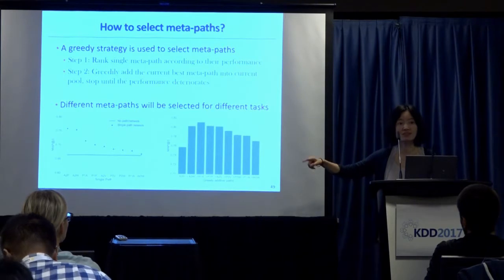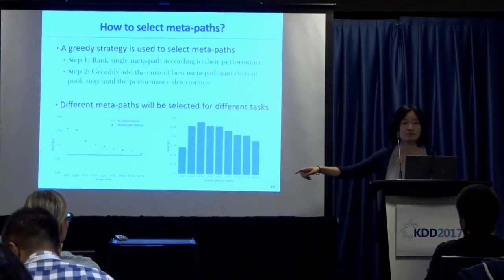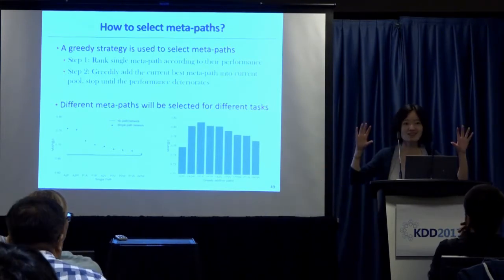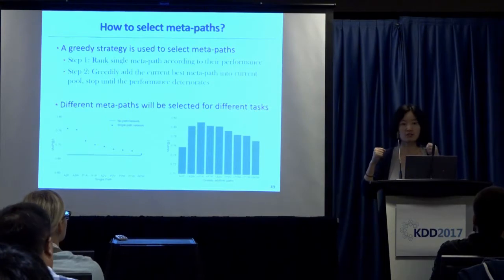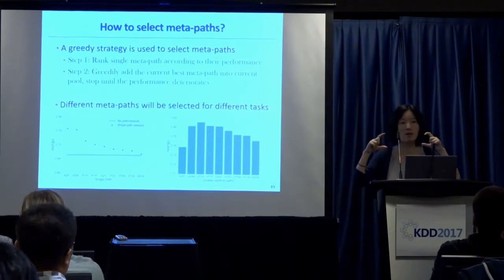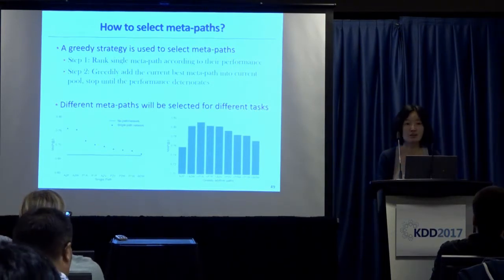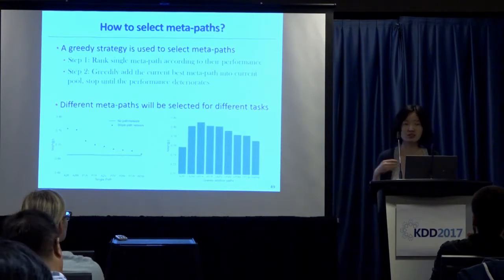So also cite paper. What do you mean by metapath? I was thinking a metapath is a high-level connectivity to describe how the entities are linked to each other. Like author linked to paper, linked to author, it's called a metapath. It's not a concrete path. Like Jim is a co-author of Anne, that's a concrete path.